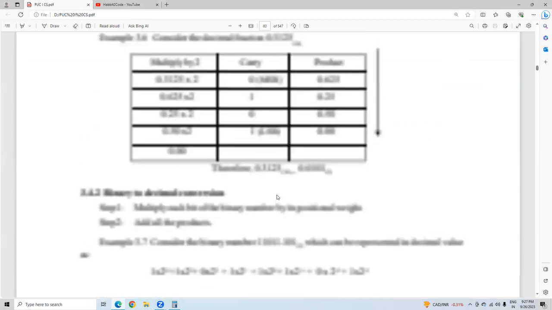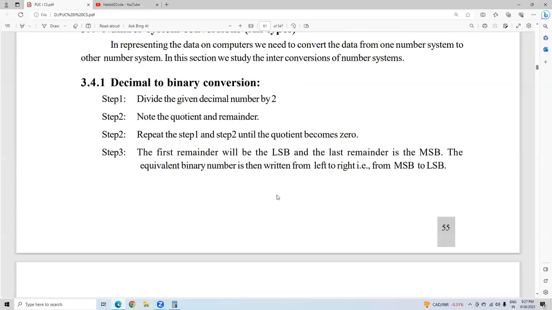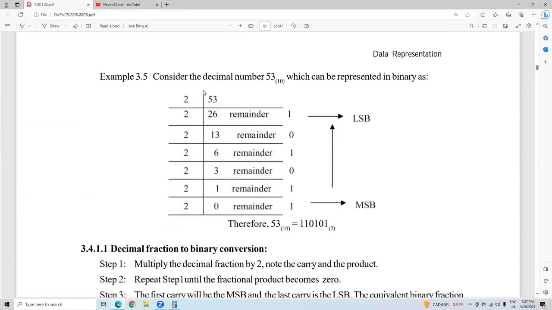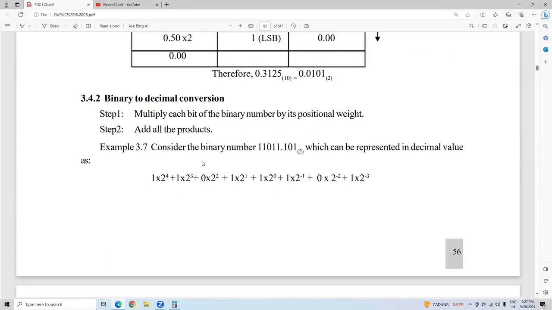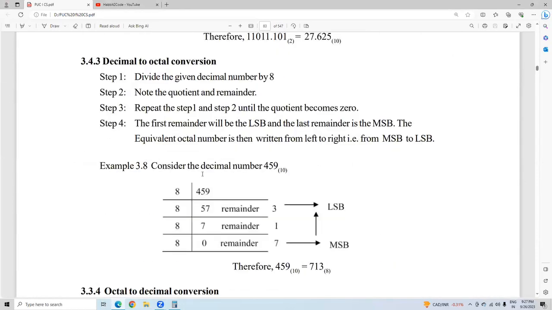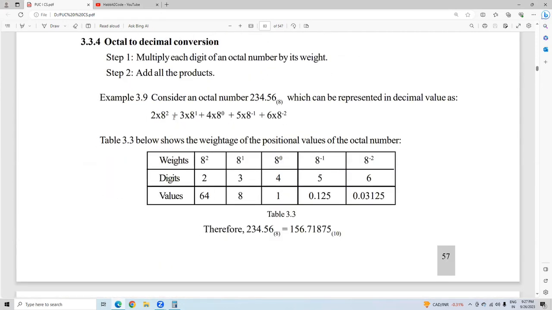So like in the decimal to binary conversion, how we used to divide the decimal number by 2, no? The same process, decimal to octal conversion means divided by 8. Now the reverse, octal to decimal conversion, means we have to multiply by 8, right?